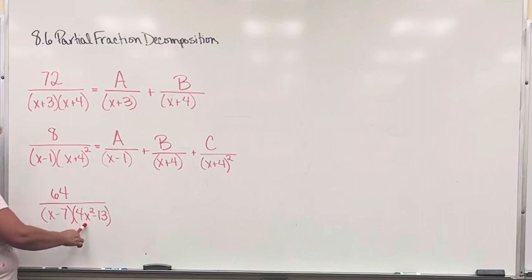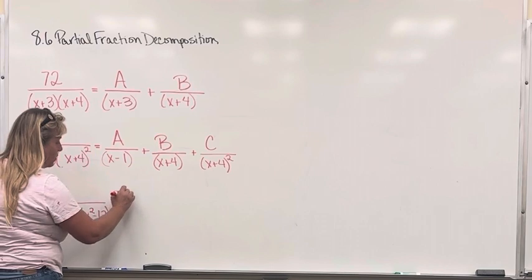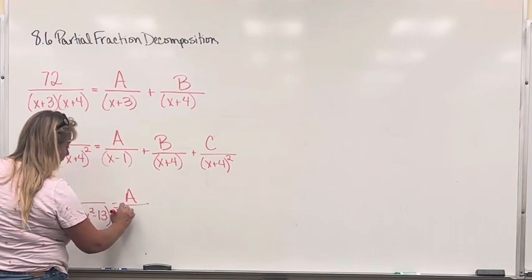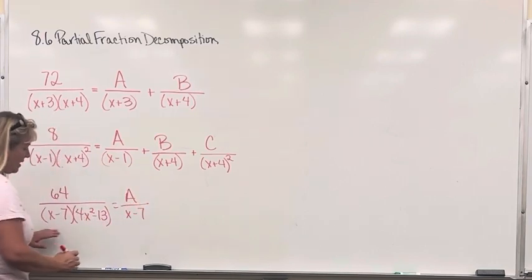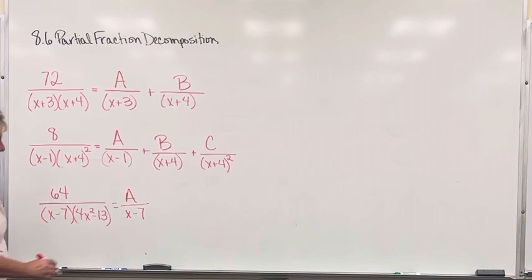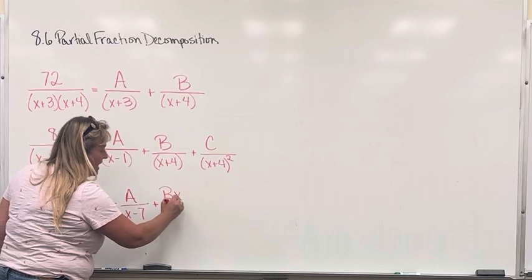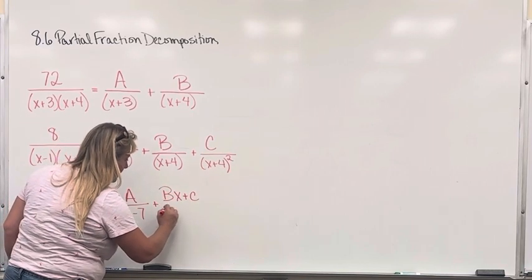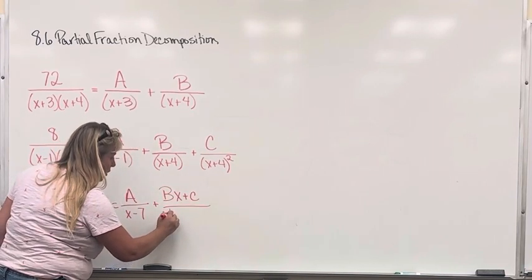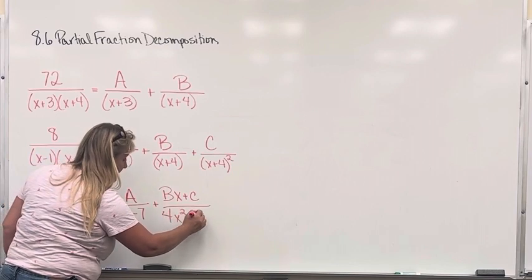It's got an x squared in there, so this one is going to require something different from us. So the first one will still be a over x minus 7, but the second one is going to require up top not just a b, but a bx plus c, all over 4x squared minus 13.